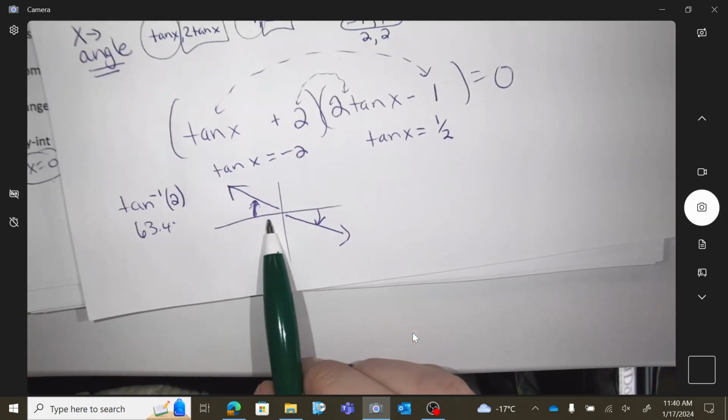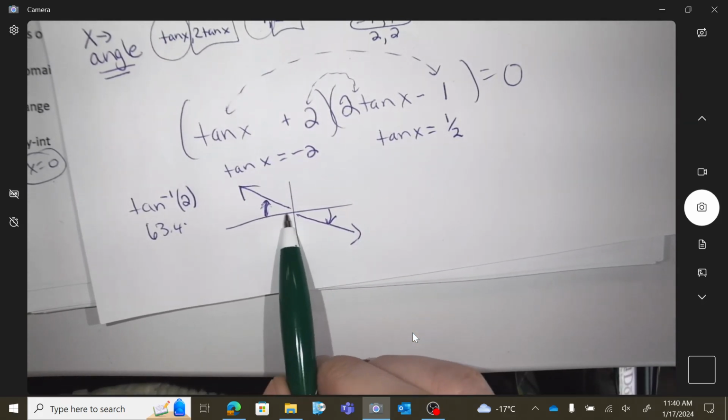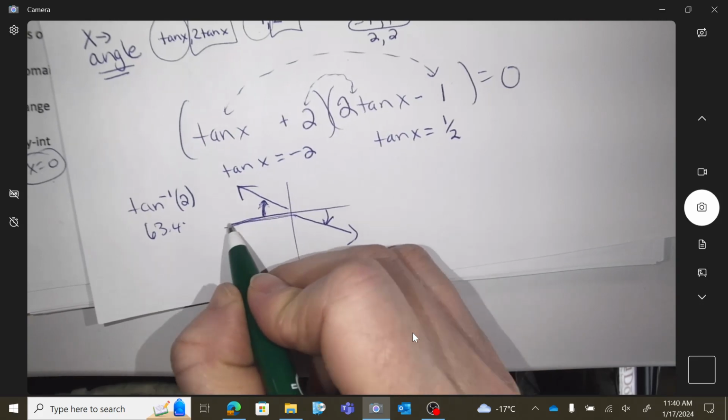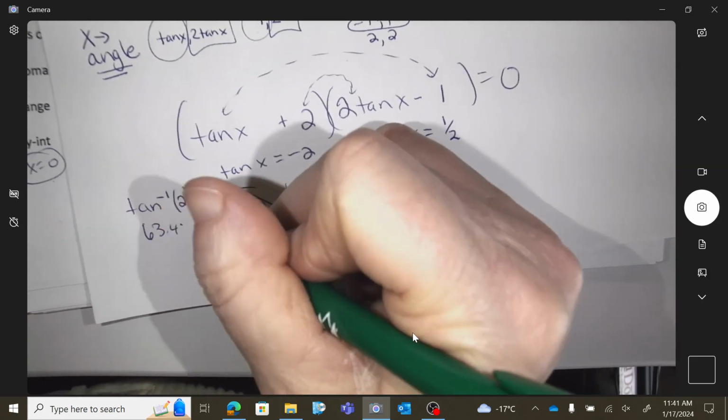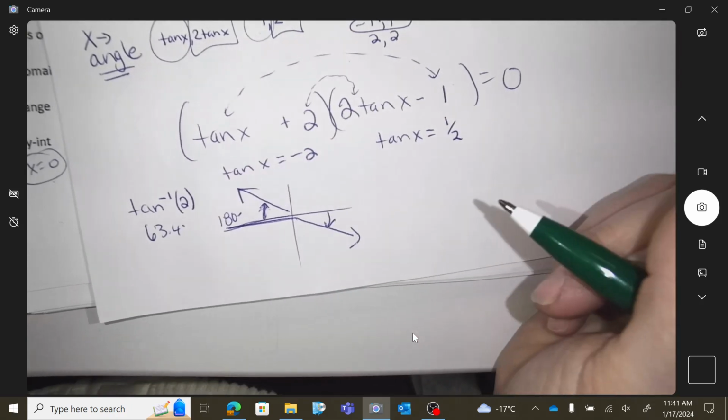So what is this line? Do you remember the number on this line? 180. Are you bigger or smaller than 180? So 180 minus.